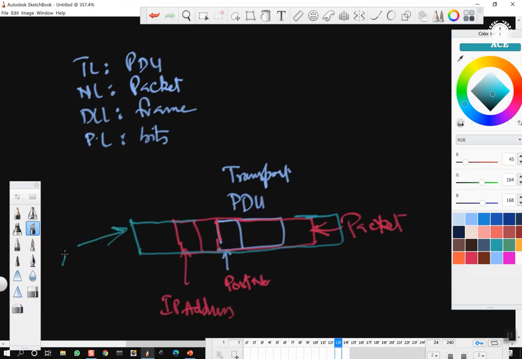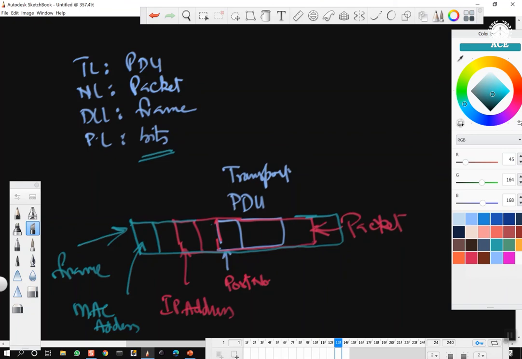The frame will have the MAC address. This is the encapsulation: source MAC address, destination MAC address, source IP address, destination IP address, source port number, destination port number. That's how the addressing goes. The frame encapsulates the packet, the packet encapsulates the PDU, and this whole thing will be broken down into bits and transmitted over the physical layer. So this is the paradigm of the different terminologies used at different layers.